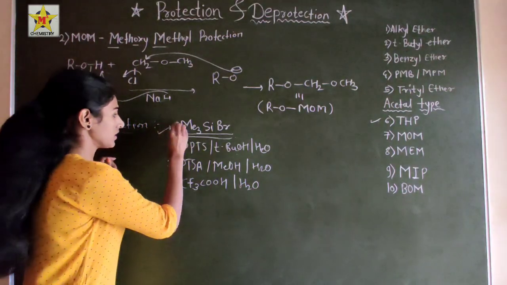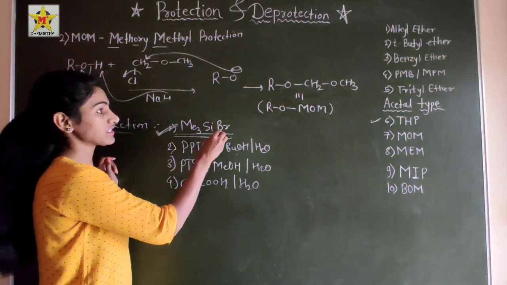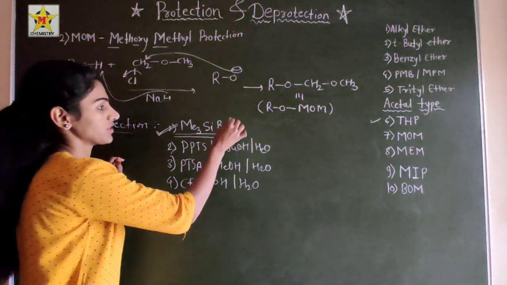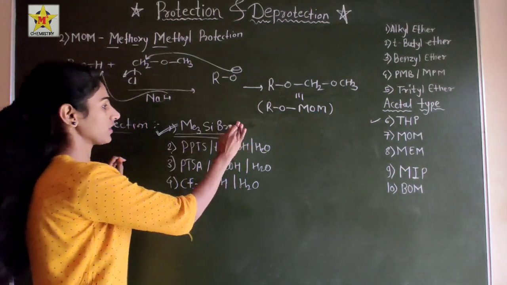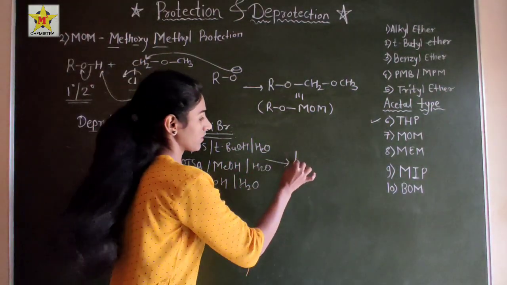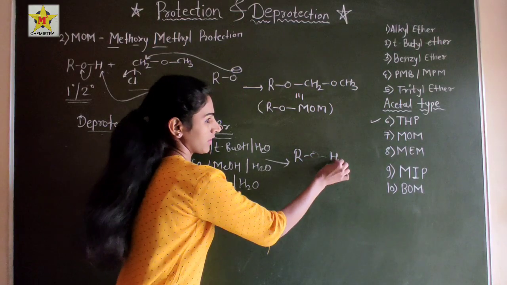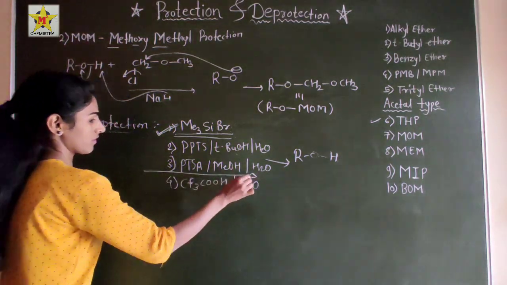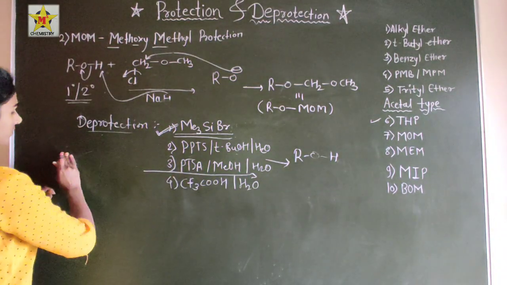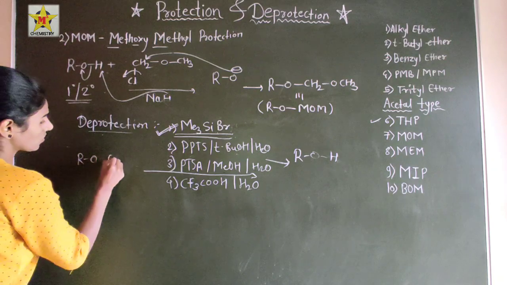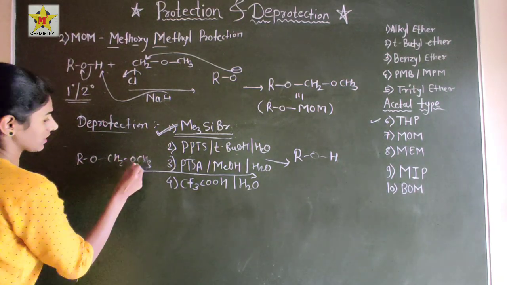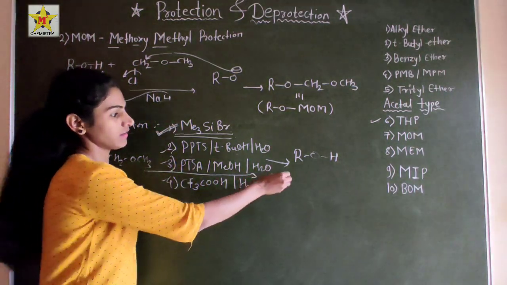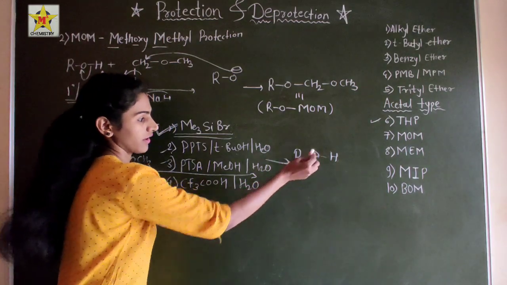But trimethylsilyl bromide is selectively used for deprotection of this methoxymethyl, MEM group, and it will give alcohol again. ROCH2OCH3, methoxymethyl ether, is deprotected by these four ways, and we obtain alcohol as a product.